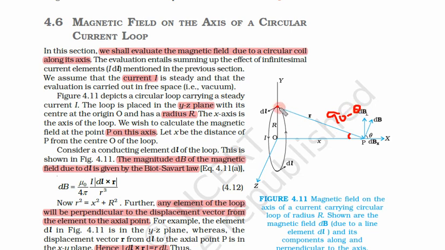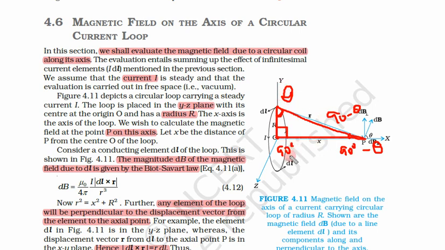Now see this triangle. Again see this triangle. If this angle is 90 minus theta and this angle is 90, how much would this angle be? This angle would be theta, because all three angles must sum to 180 degrees.